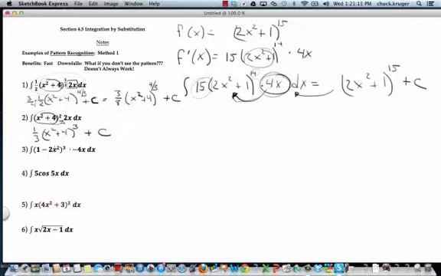Again, on number 3, I look inside the quantity to see what its derivative is. It's a negative 4x, which exists right here. So the chain exists, so I write down the quantity, add 1 to the exponent, which in this case would be 4, multiply by the reciprocal, which is 1/4, and add c.